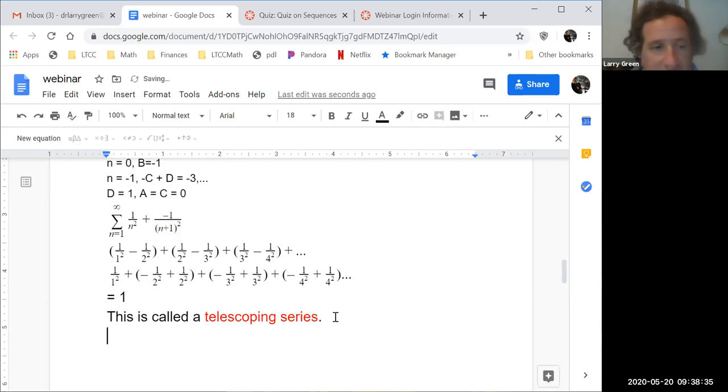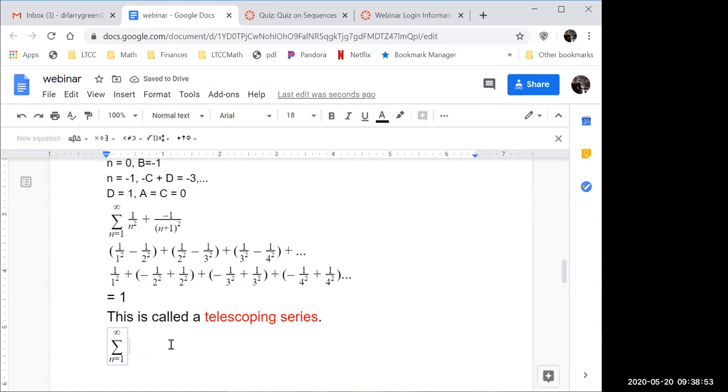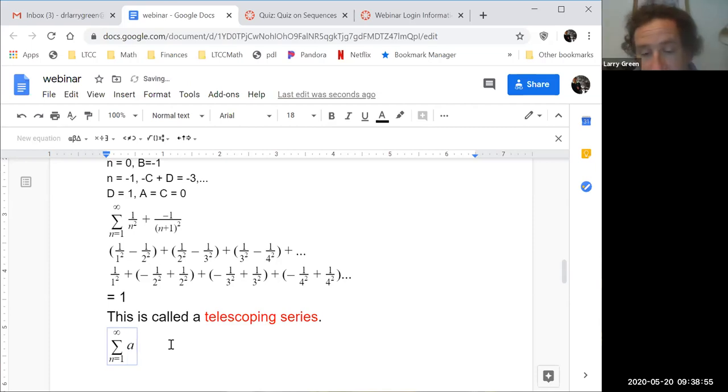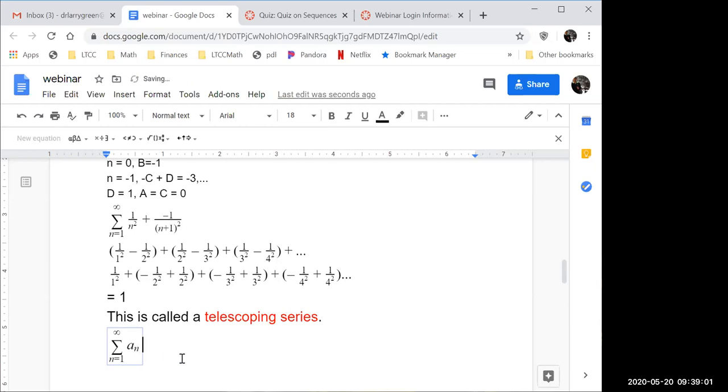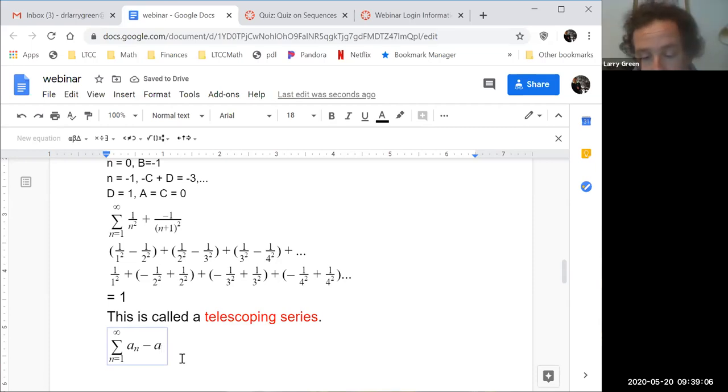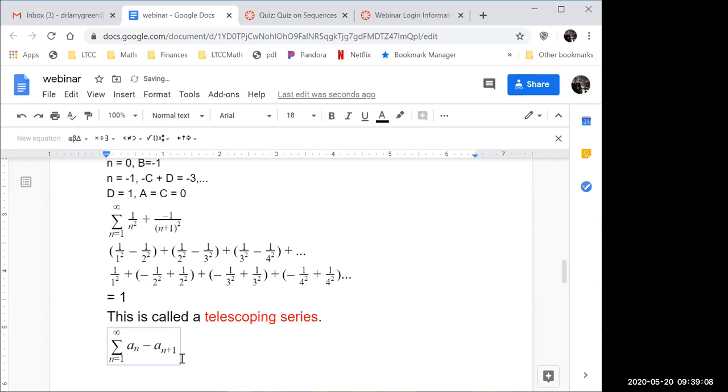So what we can say in general, let's do this: the summation n equals 1 to infinity of a sub n minus a sub n plus 1 is equal to the following.